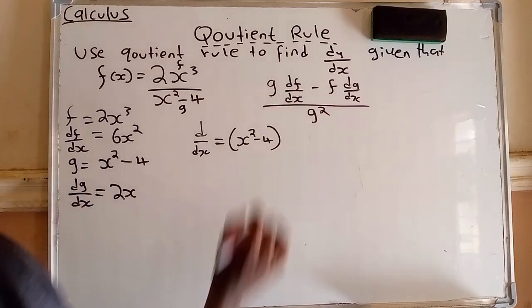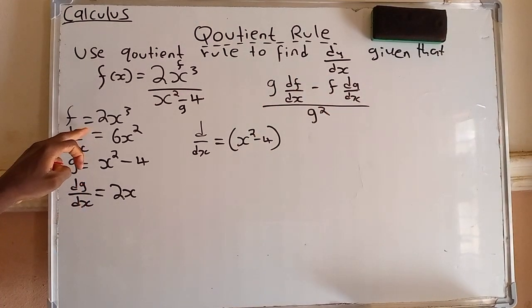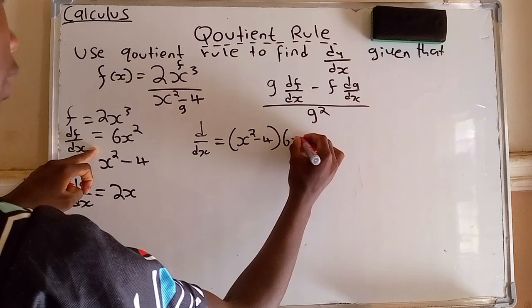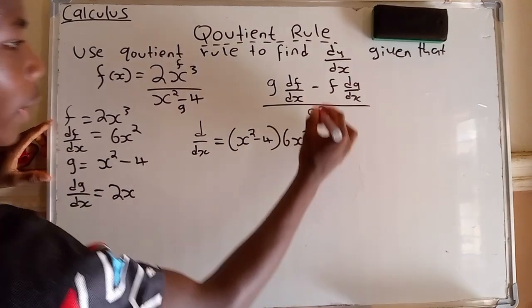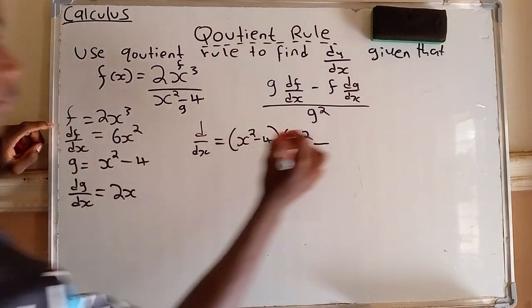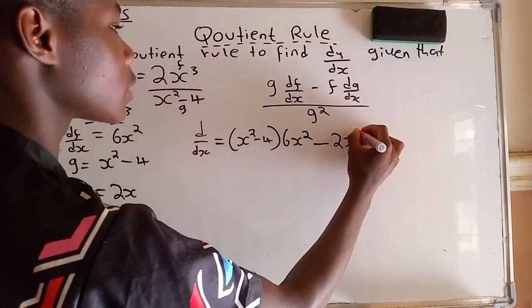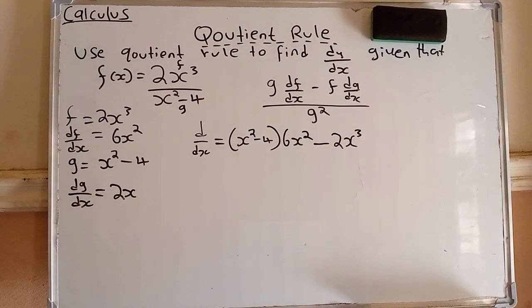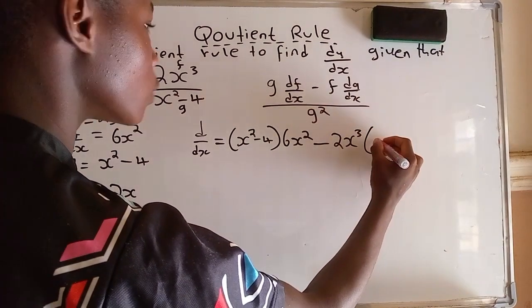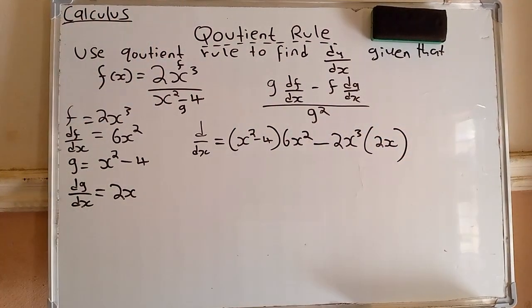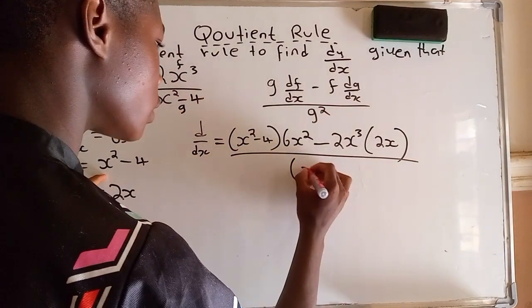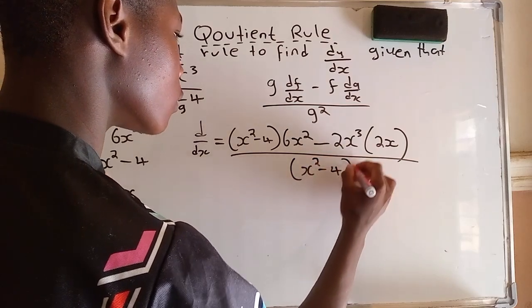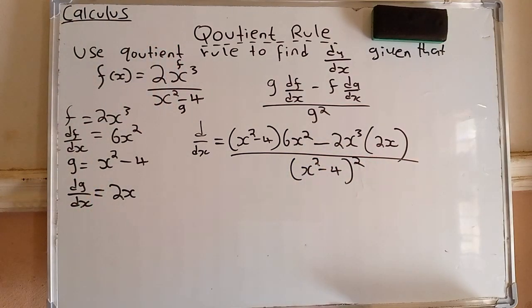Then df/dx is 6x squared. Then our negative sign, minus the value of f, which is 2x cubed, times dg/dx, which is 2x, over g squared. The value of g is x squared minus 4, squared.